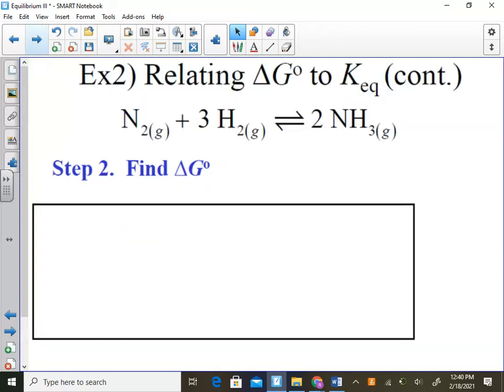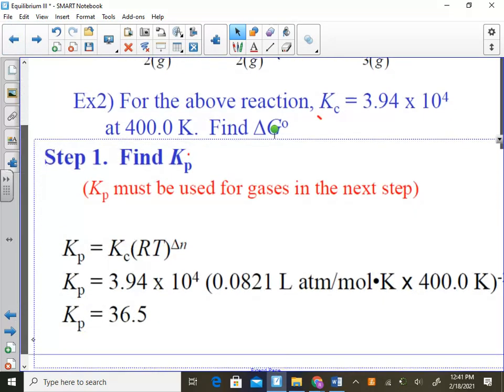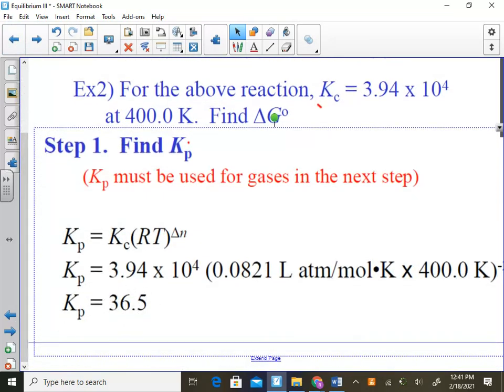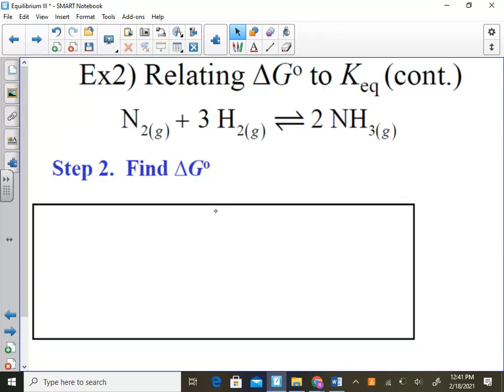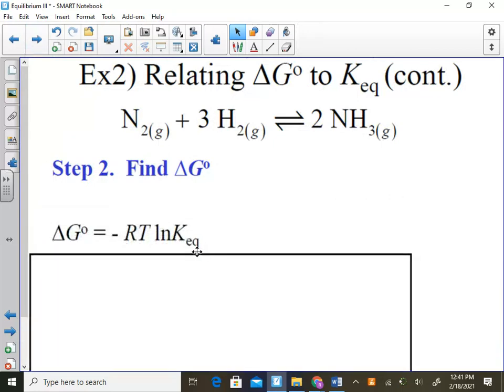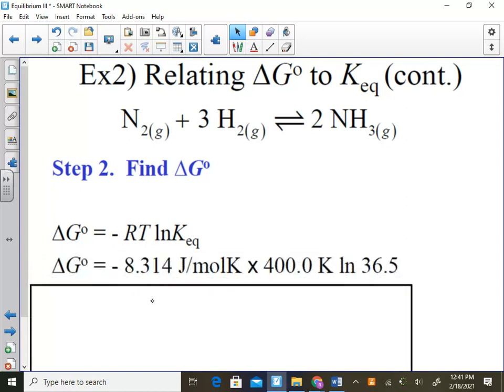So if we are looking at this, we're trying to find delta G. And we know K, we know K is 36.5. We can use our negative Rat-link equation. So we know the R value, that's a given. We know the temperature. The temperature was given as 400 Kelvin, and the natural log of K is 36.5.